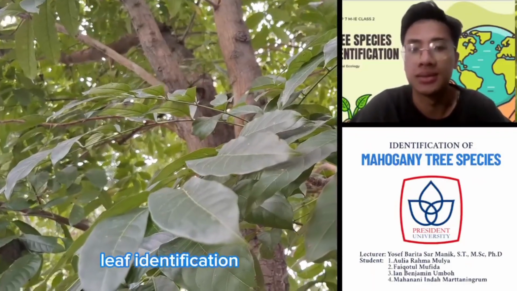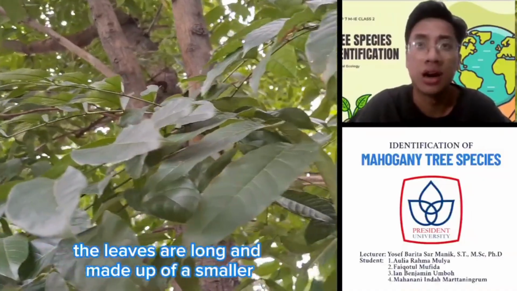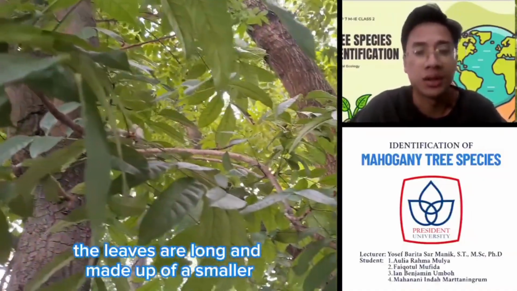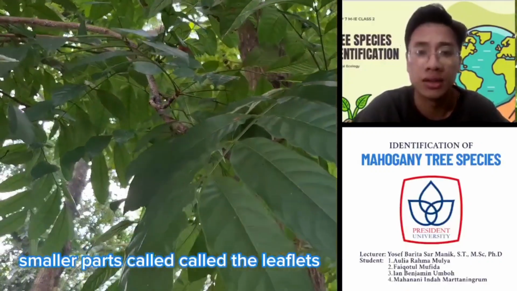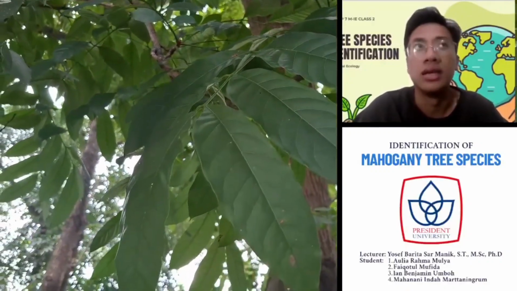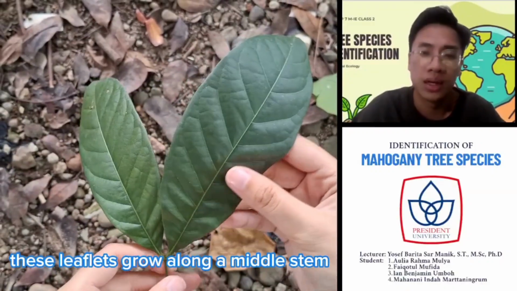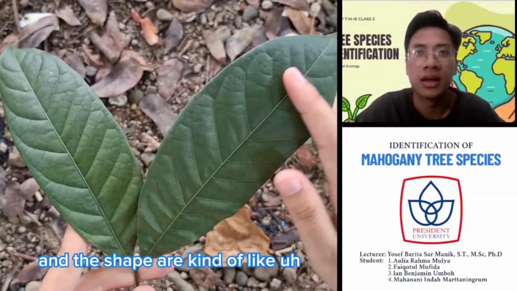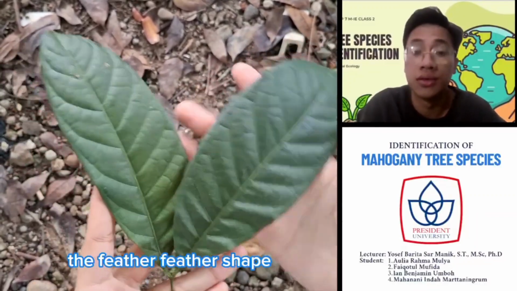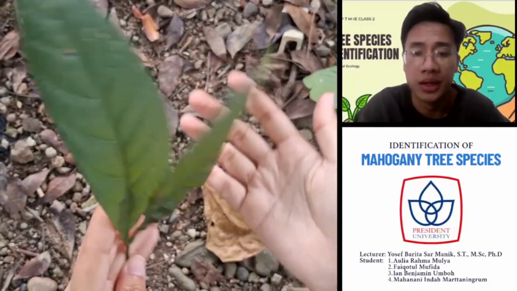Leaf identification. The leaves are long and made up of smaller parts called leaflets. These leaflets grow along a middle stem and the shape is kind of like a feather.